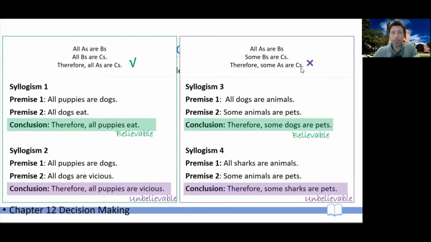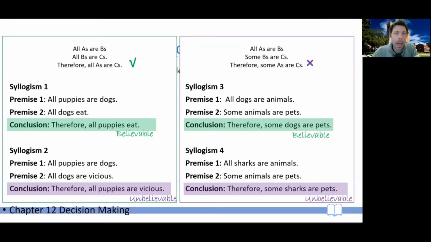However, again, the conclusion of syllogism number 3, some dogs are pets, is highly believable. The statement in the conclusion is true, but the argument is invalid. Similarly, in syllogism number 4, the statement of the conclusion is false, some sharks are pets, and the argument itself is invalid.